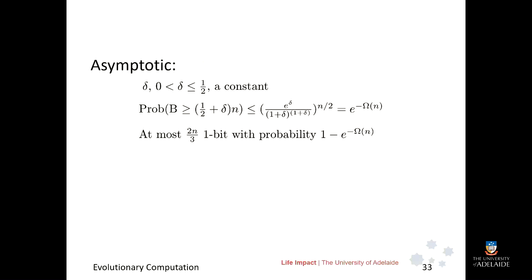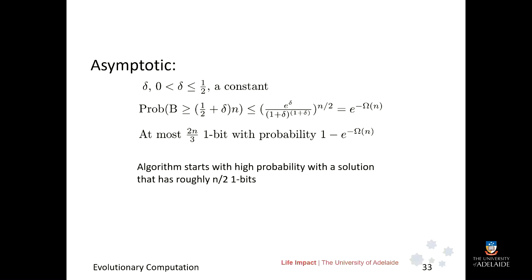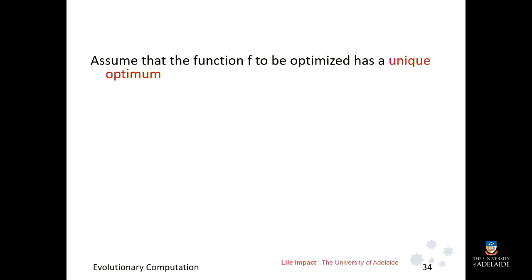And you can put this into asymptotics. If n is going big, then the probability just drops. So the algorithm starts with high probability with a solution that has roughly n half 1 bits. It's not just an expectation, but it's with high probability. Now assume that your function has a unique optimum.